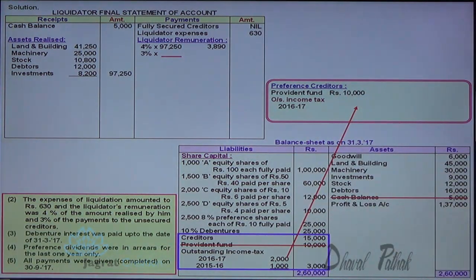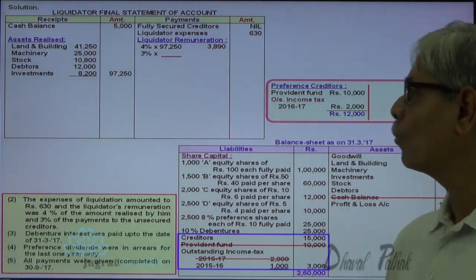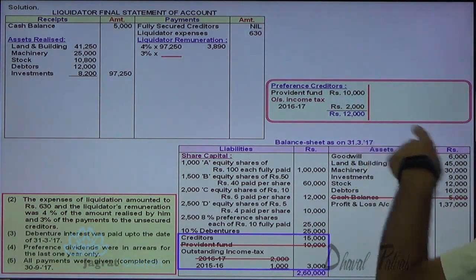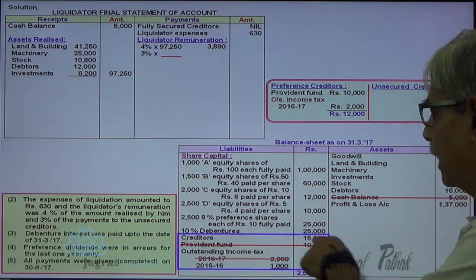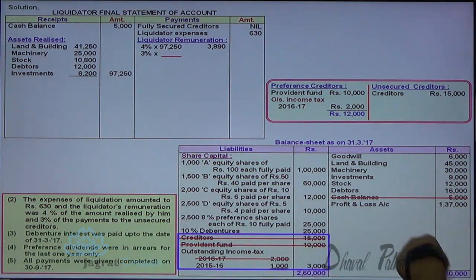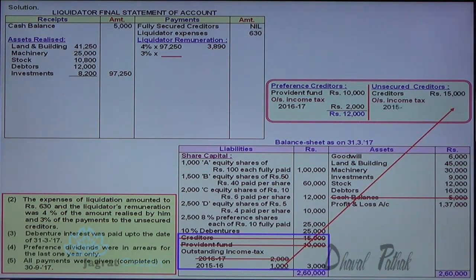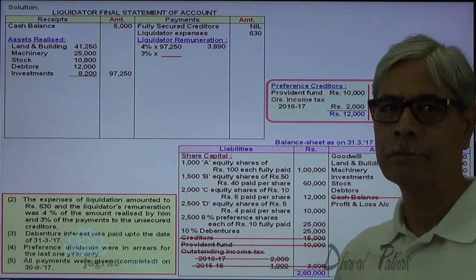So this income tax liability of 2000 is considered preferential. So 12,000 is preferential. These creditors of 15,000 are unsecured creditors, and this income tax liability of 1,000 is also unsecured. So total unsecured creditors are 16,000, and preferential creditors are 12,000.